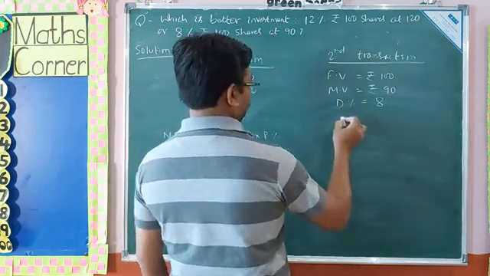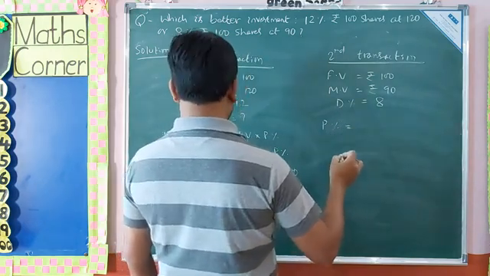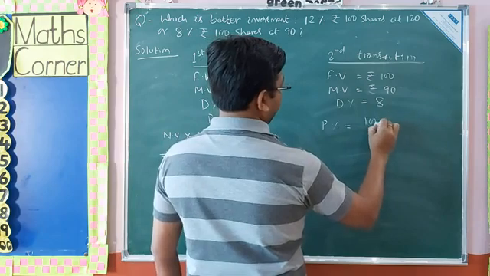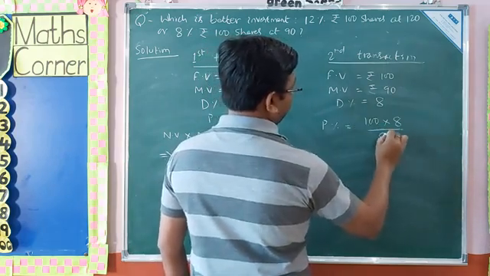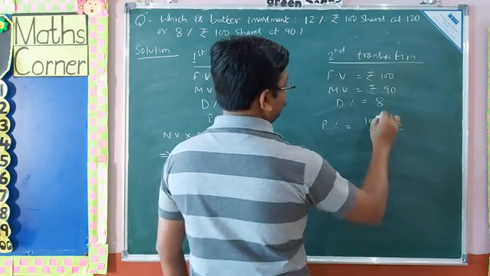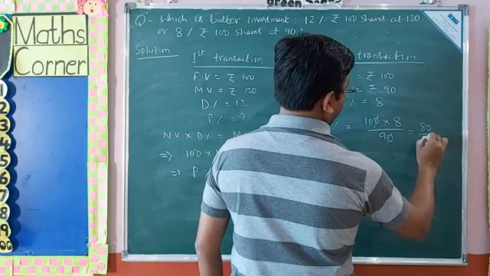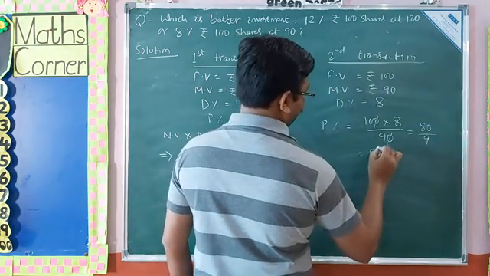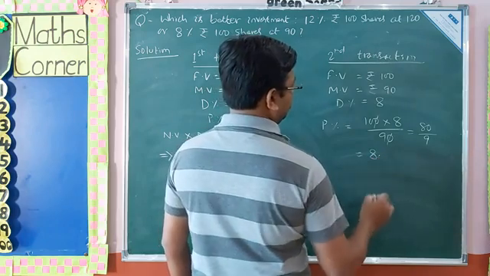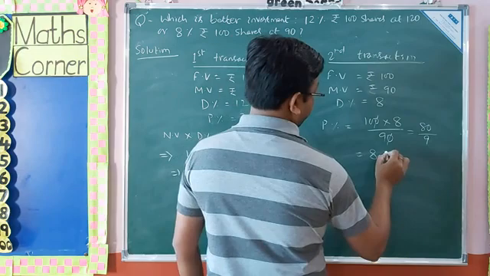So here also we will apply the same formula, and profit percent is equal to face value, that is 100, into dividend percent 8, divided by market value 90. So we got 80 by 9, that is 9 8s are 72, then 8.88.